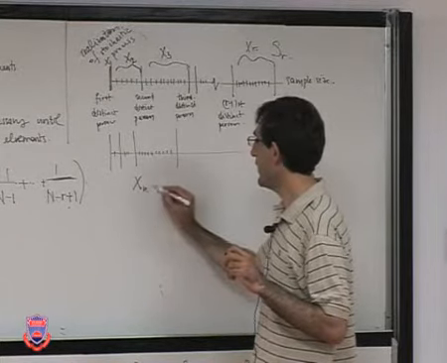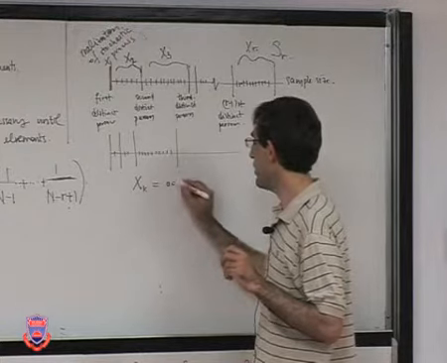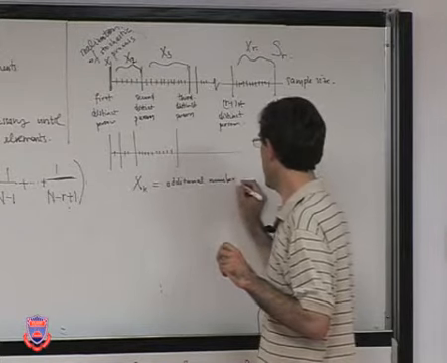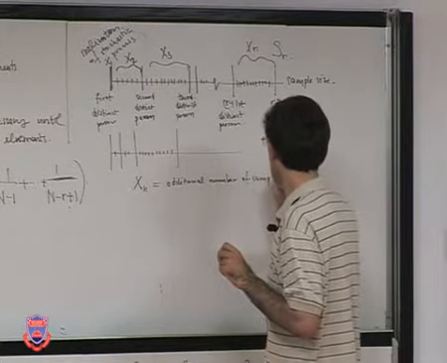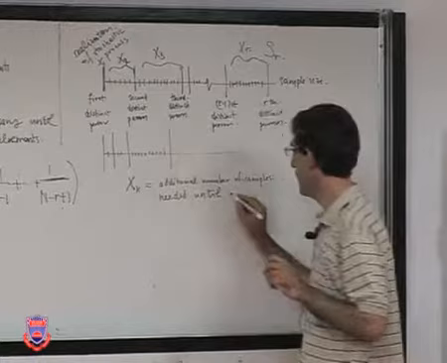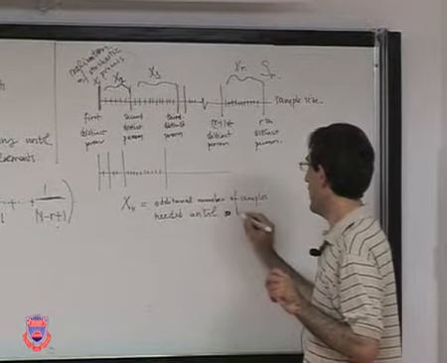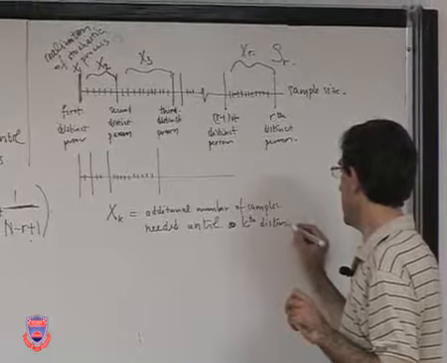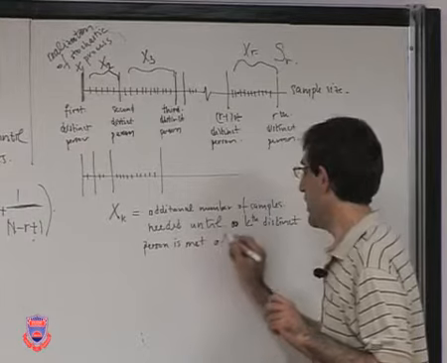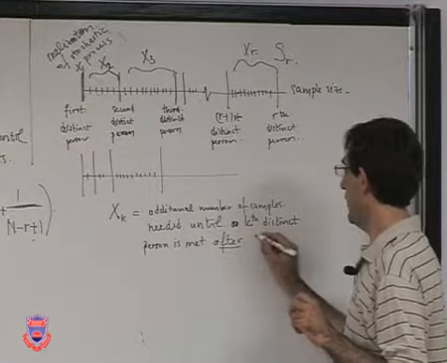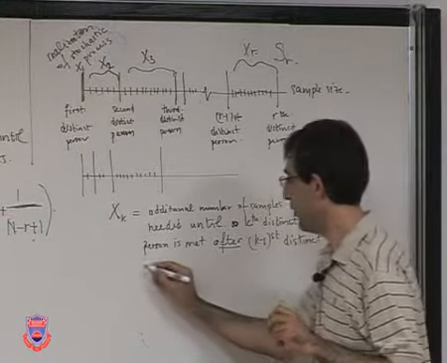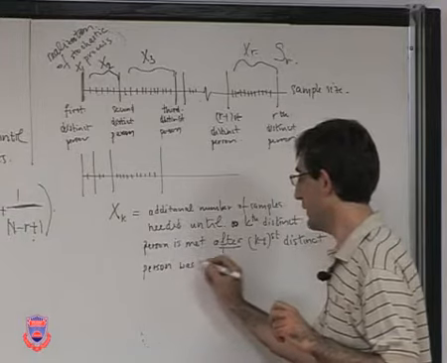So let's just introduce this carefully. XK, let me define this as the additional number of samples needed until the kth distinct person is met after the k minus first distinct person was found.